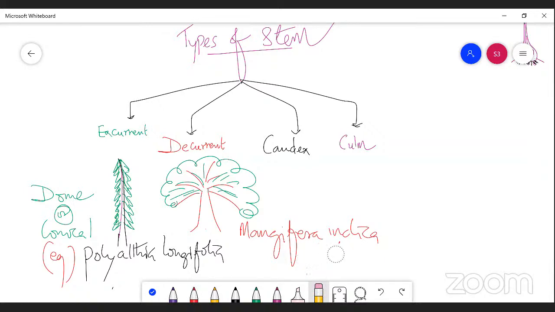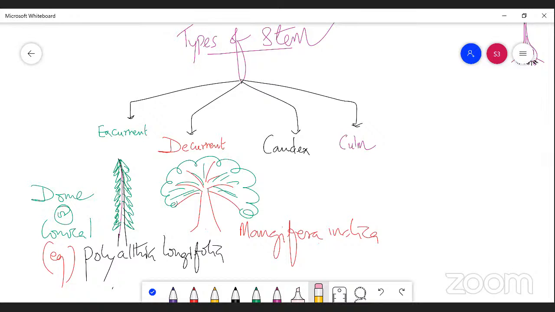Mangifera indica is nothing but the mango tree. Tamarindus indica is the tamarind tree. And Azadirachta indica is called in English the neem tree. They are examples of decurrent stems.